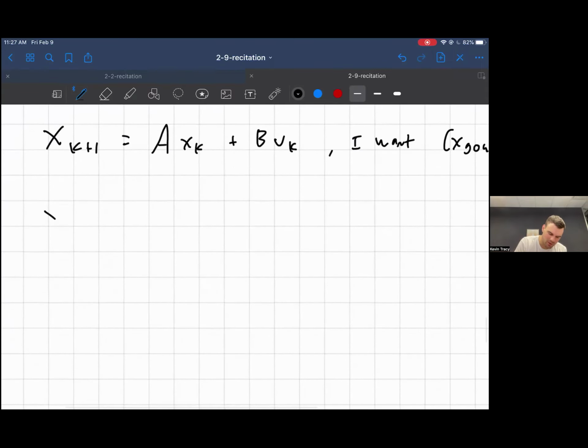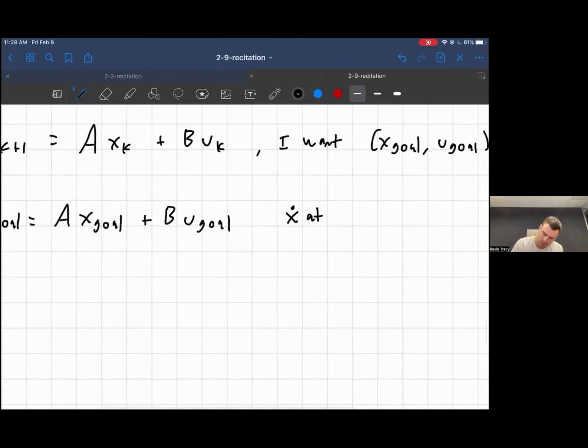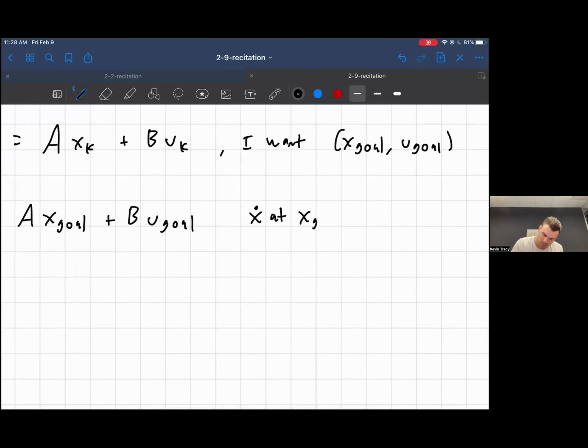This means that I want x goal equals A x goal plus B u goal.